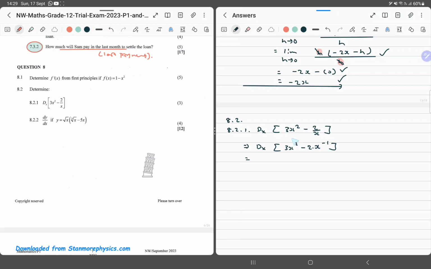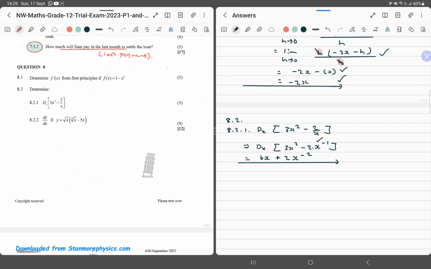Now we can do the derivative using the power rule. There is going to be 6x minus, when you multiply by 1, there's going to be plus 2x to the minus 2. Now this is safer. Just leave it like this. Don't complicate your life and change that to a positive exponent. It's not necessary. Easy 3 marks here.